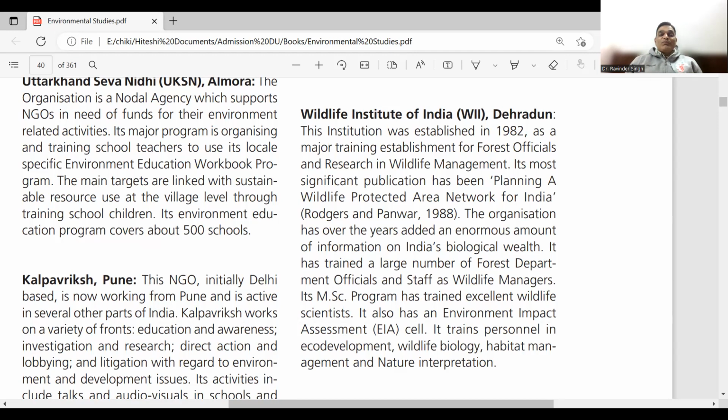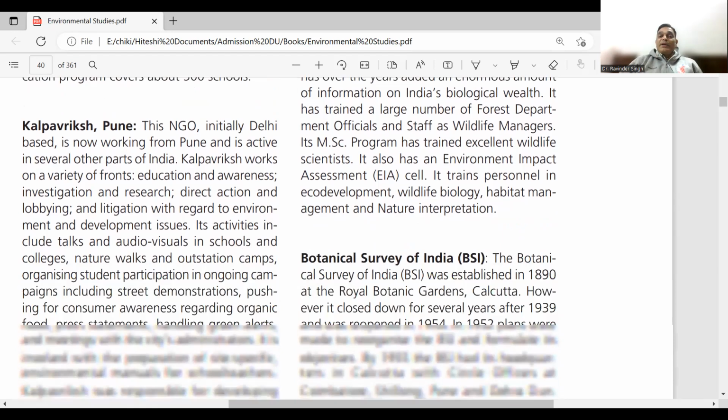The organization has over the years added an enormous amount of information on India's biological wealth. It has trained a large number of forest department officials and staff as wildlife managers. Its MSc program has trained excellent wildlife scientists. It also has an environment impact assessment, EIA, cell. It trains personnel in eco development, wildlife biology, habitat management, and nature interpretation.